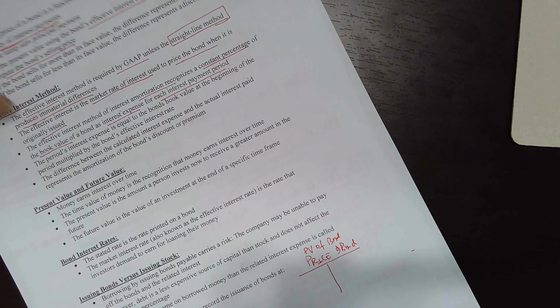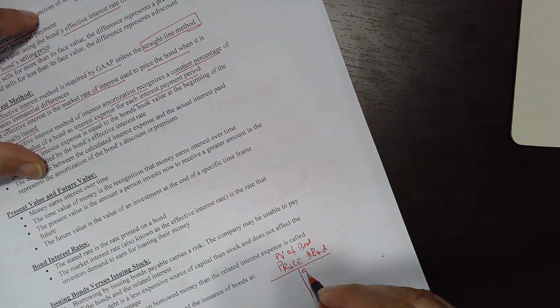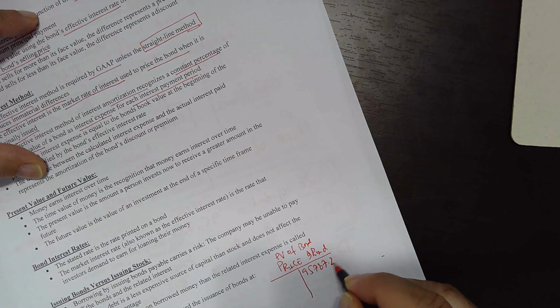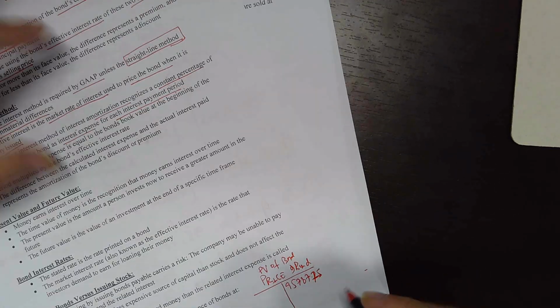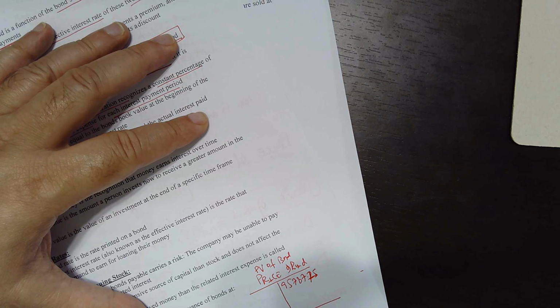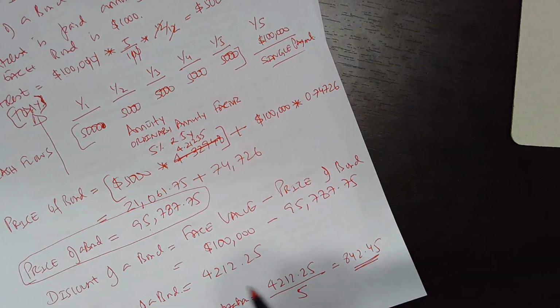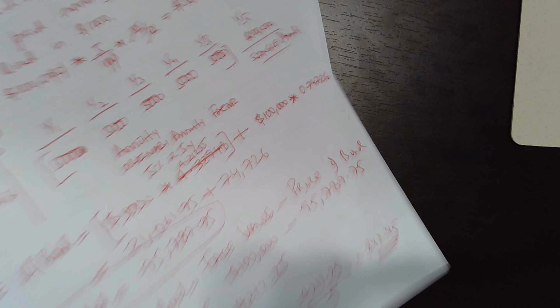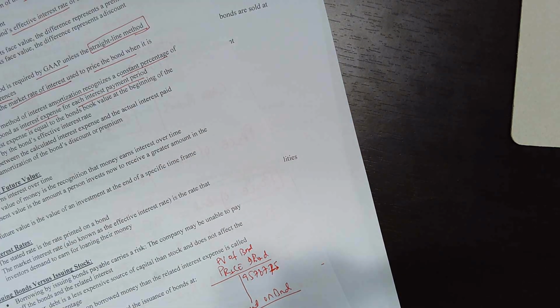On this day, we calculated the price of the bond is $95,787.75, and the discount on bond is equal to $4,212.25. So that's the idea behind it.